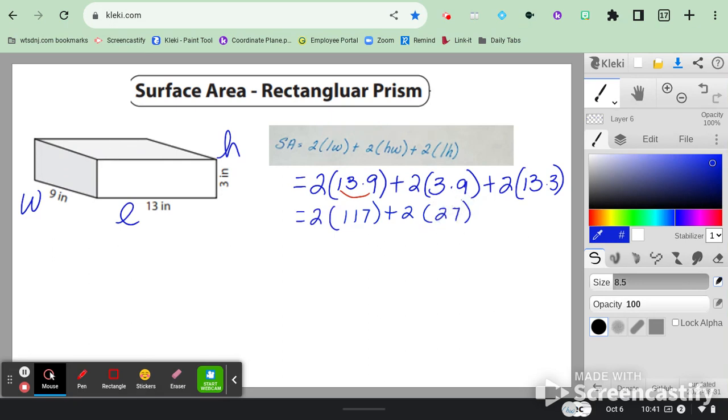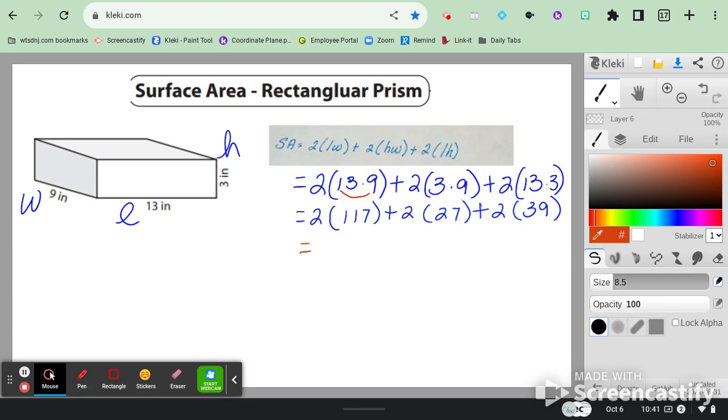Close my parentheses, drop down my addition sign, my 2. And now I'm going to do 13 times 3, which is equal to 39. And close my parentheses.